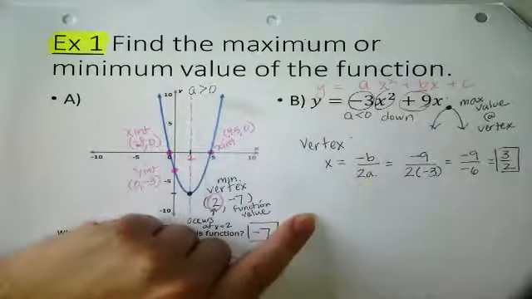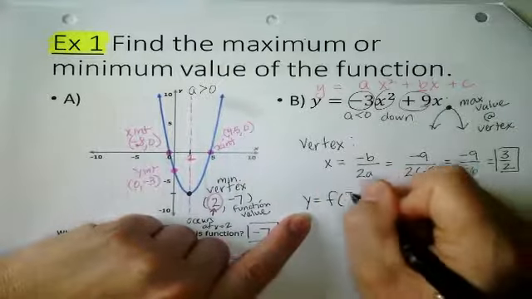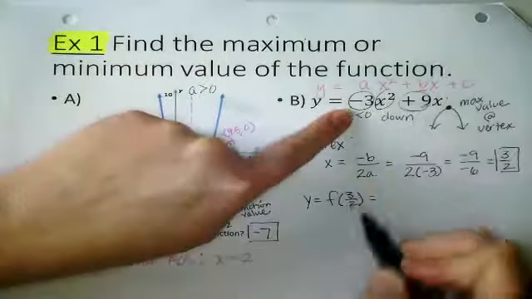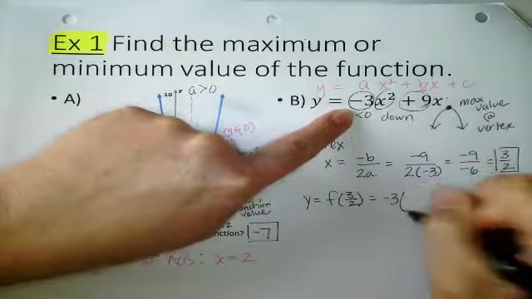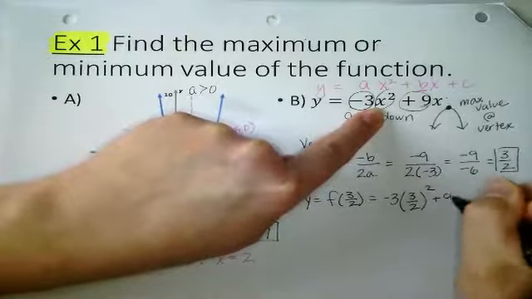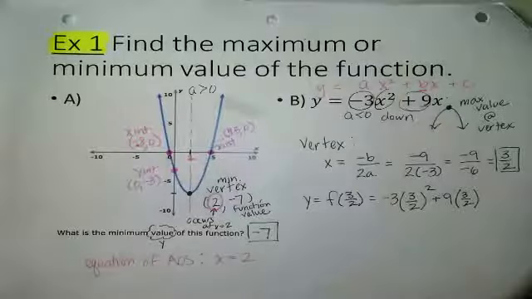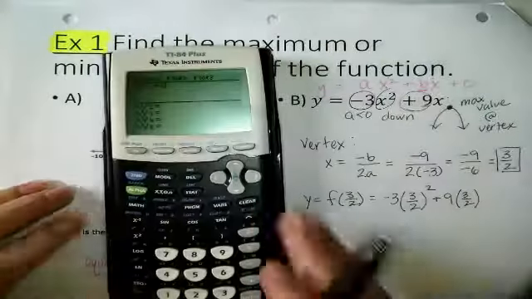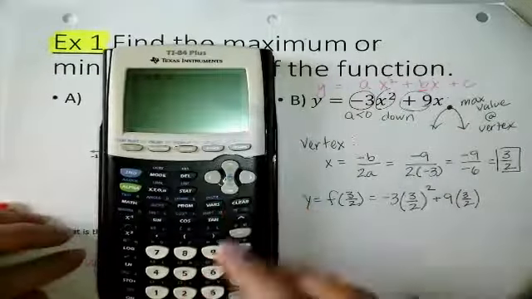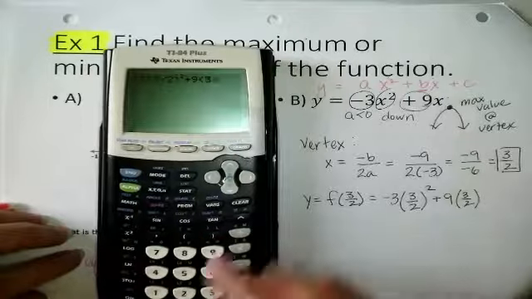That's the x value. Now, if I want the y value, then I need to evaluate my function at that x value. So I'm going to take my function, -3x squared plus 9x, and plug in 3 over 2 in place of x, squaring it, plus 9 times 3 over 2. Now, the good news is if you don't like fractions, you have a calculator. So I'm going to plug this in: -3 times (3 divided by 2) squared plus 9 times (3 divided by 2).